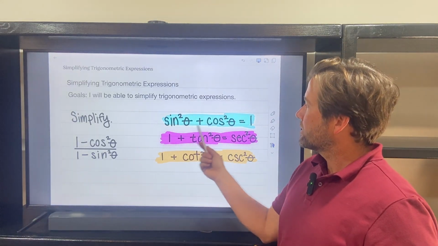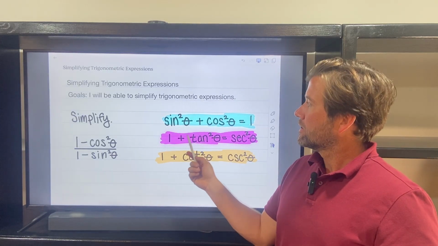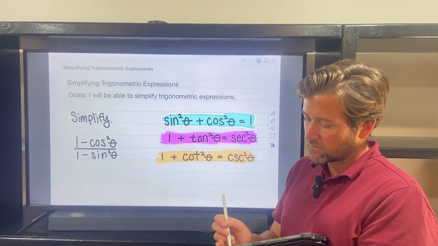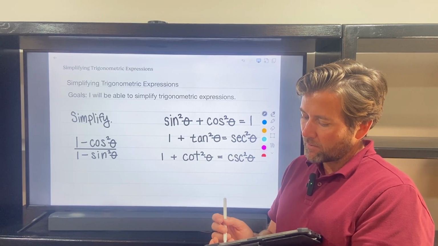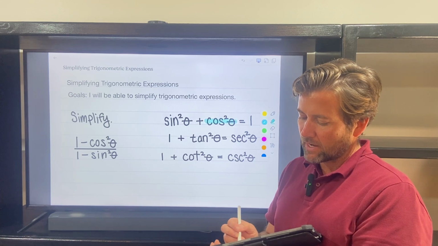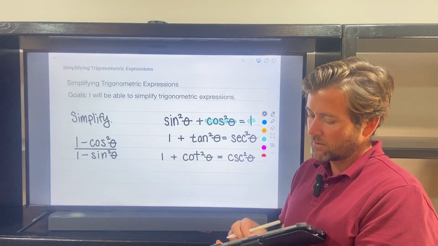And if you look at this top equation here, we have cosine squared theta here. Now I can see that if I were to solve this top equation for sine squared theta, if I were to get sine squared of theta by itself, I would subtract cosine squared theta from both sides of the equation.